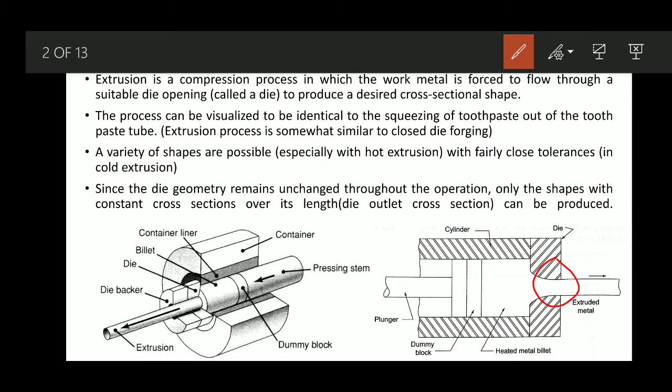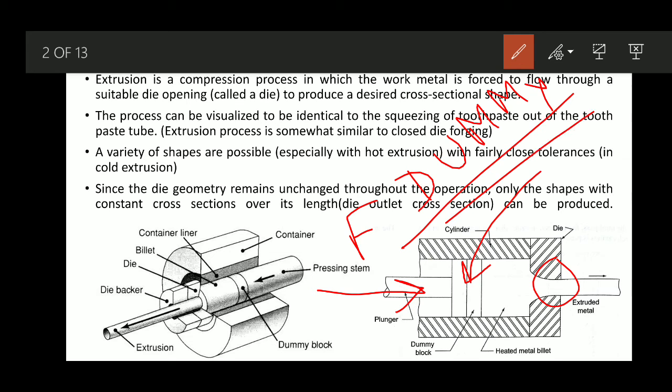And what is happening when we apply force through this plunger or the ram, and we generally have a block known as the dummy block, which is in direct contact with the heated billet and the ram surface.